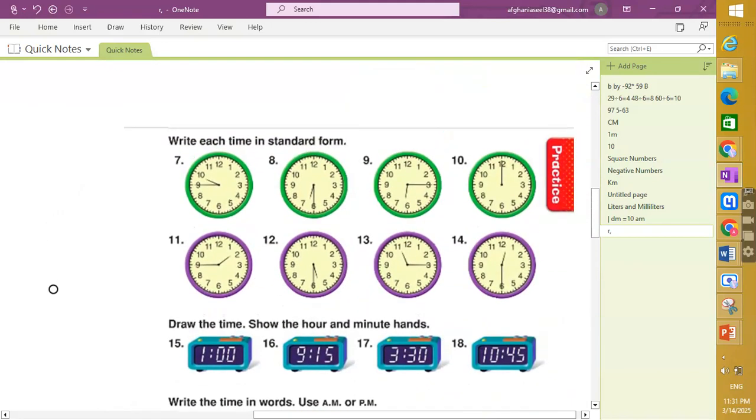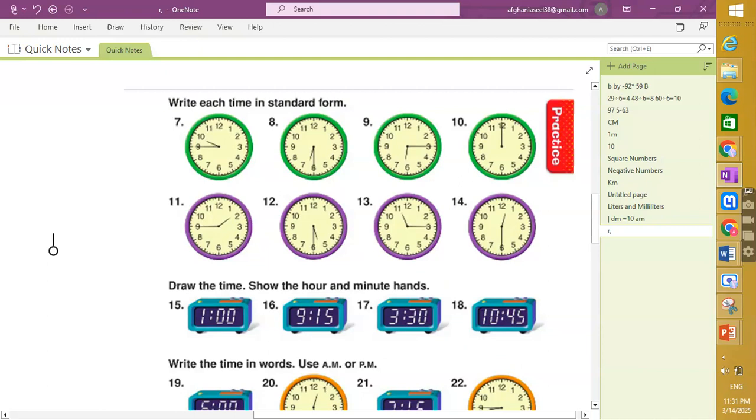Now let's see the questions here. Write each time in the standard form as we learned. Remember, I see what my hour is, and then I see the number of minutes, and then I write the standard form easily. So here, what is the hour? I did not reach 10, by the way. I need these minute jumps to reach 10 o'clock.